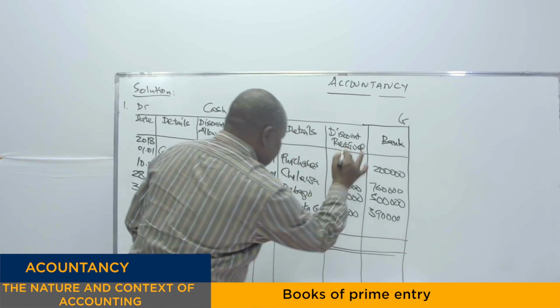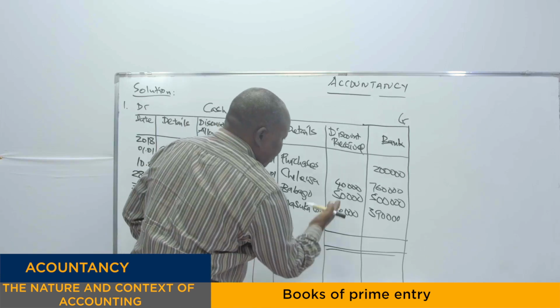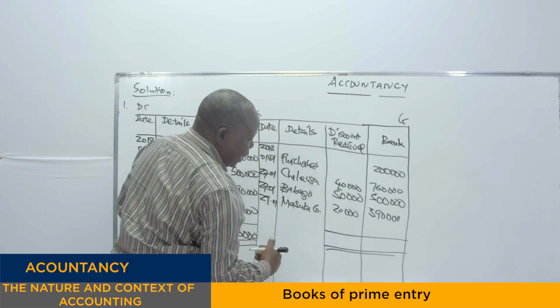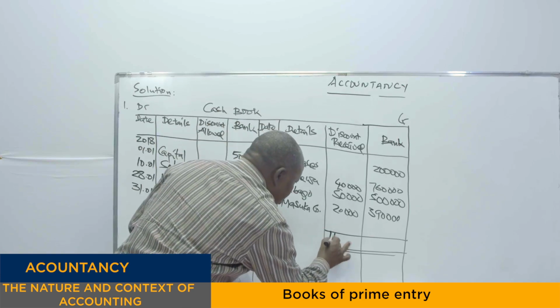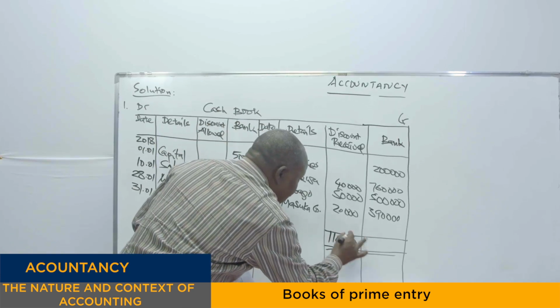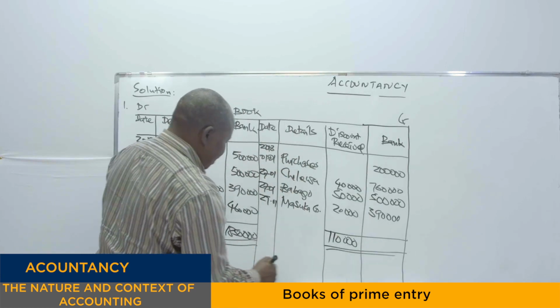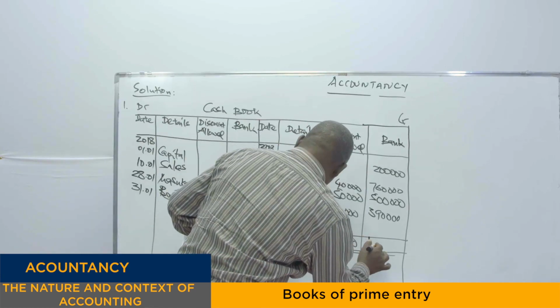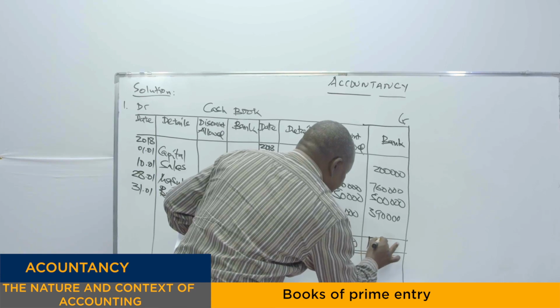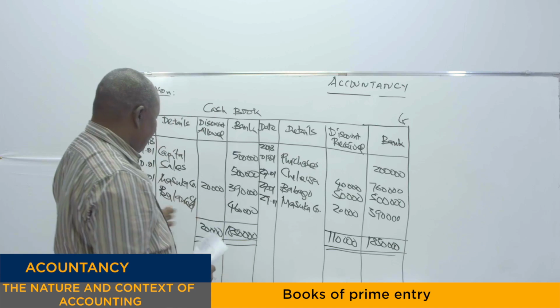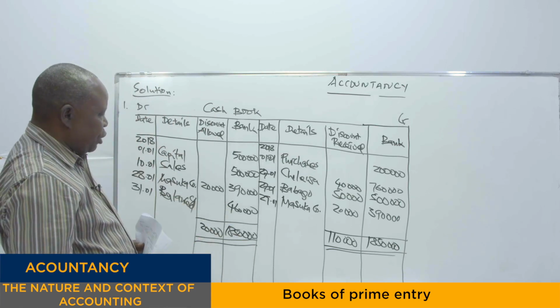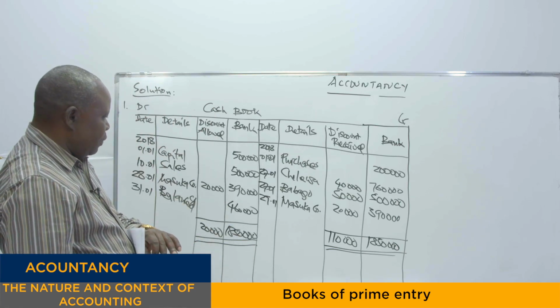Now here, the total discount received, it's 90 plus 20, it's 110,000. So 110,000, and here the total will be the same with this one. This is 1,850,000. So our balance brought down now will be on the credit side to show the overdraft.